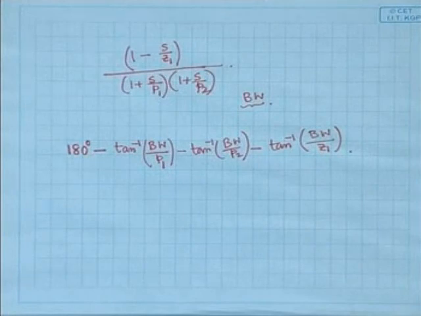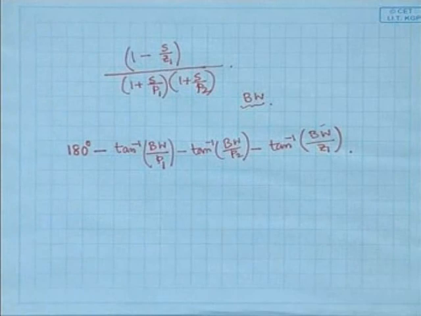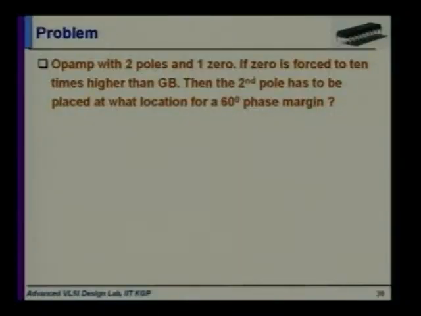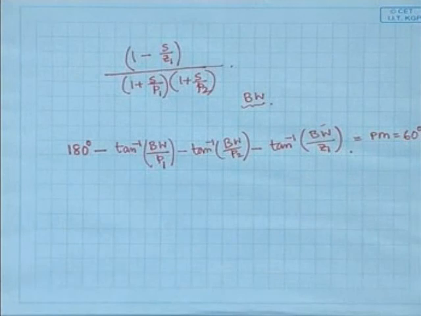Suppose BW is provided as 5 megahertz, and suppose the phase margin is 60 degrees. This is actually the phase margin, equal to 60 degrees.